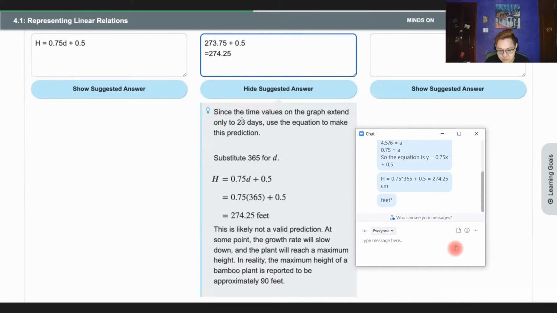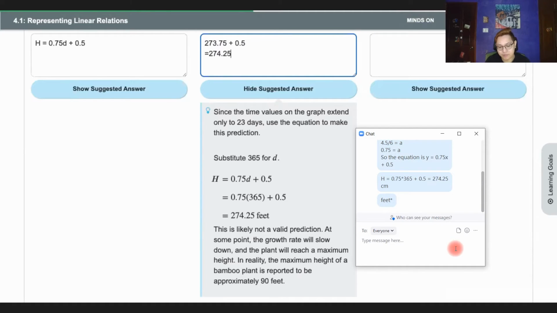Since the time value on the graph extended only to 23 days, use the equation to make this prediction. Substitute 365 for d. H equals 0.75d plus 0.5, which is 0.75 multiplied by 365 plus 0.5, equal to 274.25 feet.